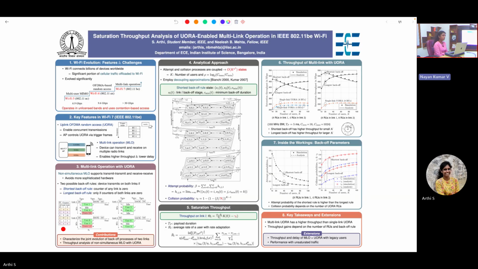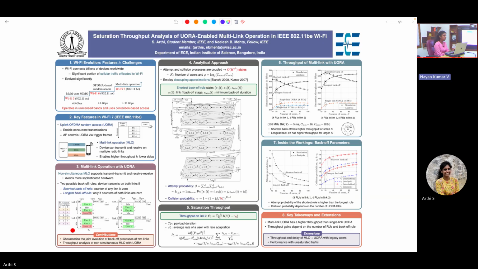In the longest backoff rule, since a user can transmit only if both links' counters reach 0, we can see the users 2 and 6 counters reach 0 on both links. Hence, in the longest backoff rule, which is the second figure, users 2 and 6 simultaneously transmit on both links.